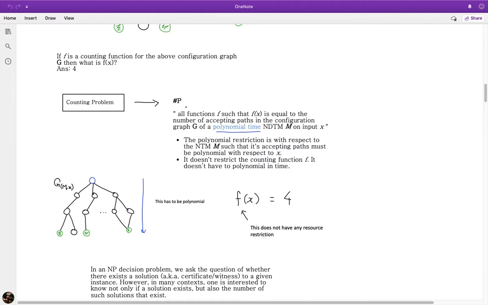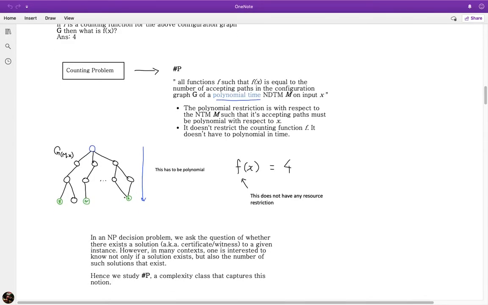What we are concerned with here is that the accepting paths for a given non-deterministic Turing machine must be polynomial length on input x. So let's take this configuration graph here, and a counting function computes the number of accepting paths for this graph, and the only restriction is that the length of the accepting path must be polynomial with respect to x.